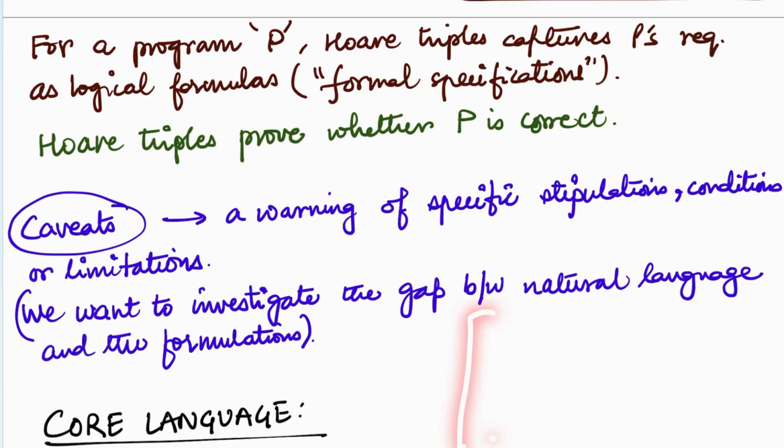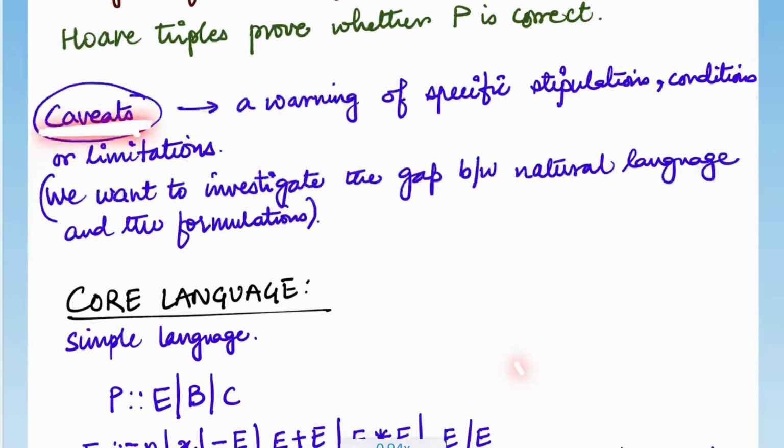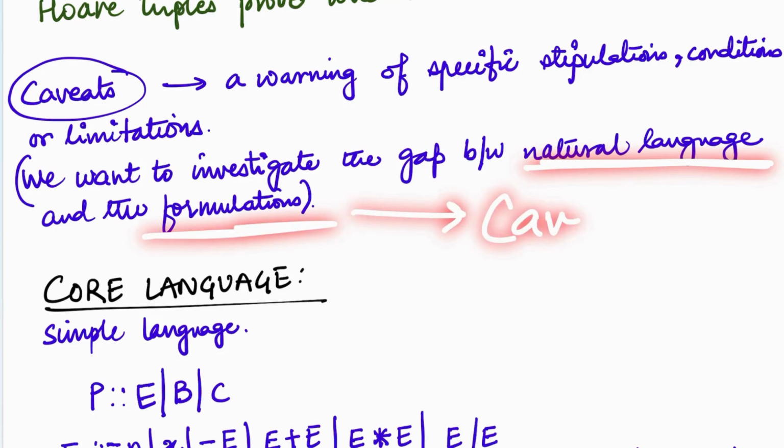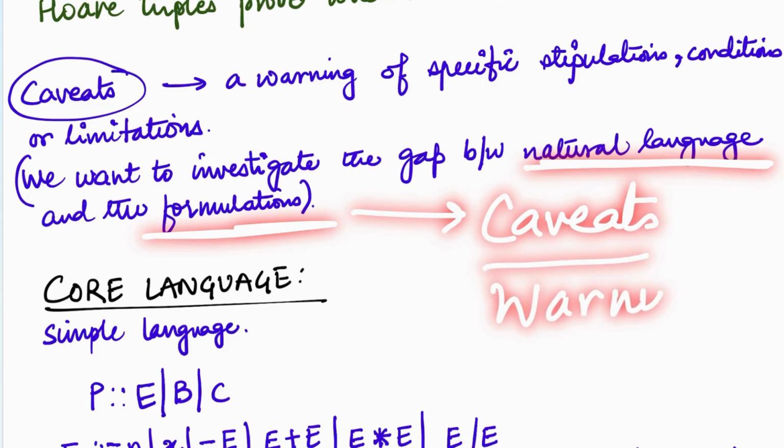For our case, this warning is for the type of Hoare triple we are building. So we want to investigate the gaps between natural language and the formulations. And what do caveats do? Caveats highlight the specific limitations that the system holds while converting natural language to the formulation.